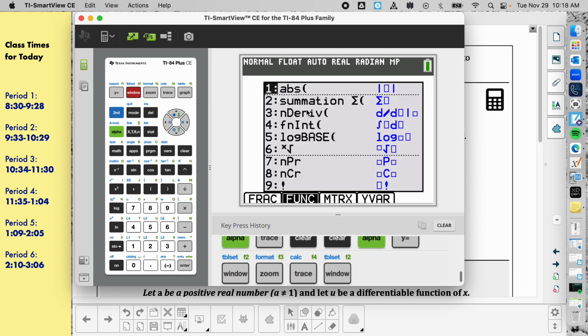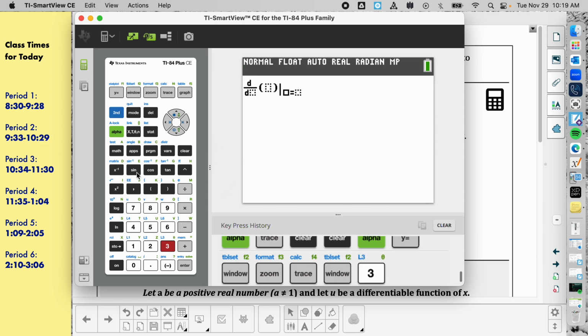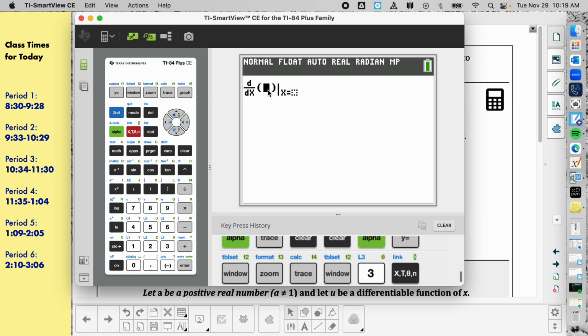So I want to go back to the second button because I want to do a derivative. And I want to do ddx. I don't want to retype that whole equation for y1. Some of our equations this year are going to get to be super long, and you don't want to retype them.